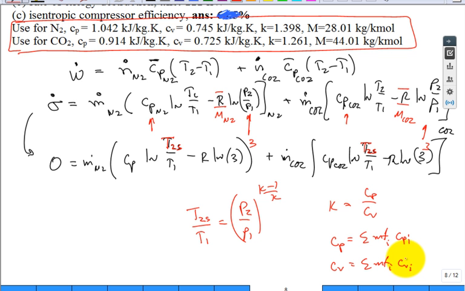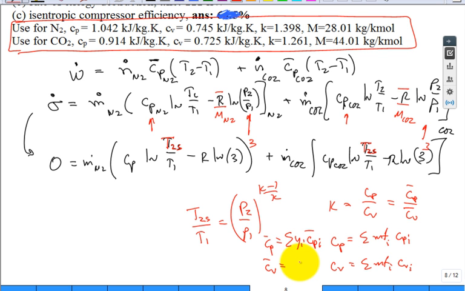Oh, you could work it also on a molar basis too. Then this would be CP bar divided by CV bar. And then what is CP bar? CP bar would be the sum of the y i's times CP bar i. It's all on a molar basis. And likewise, CV bar, blah, blah, blah. Yes, you'll get the same answer with some round-offs, but it'll be there.